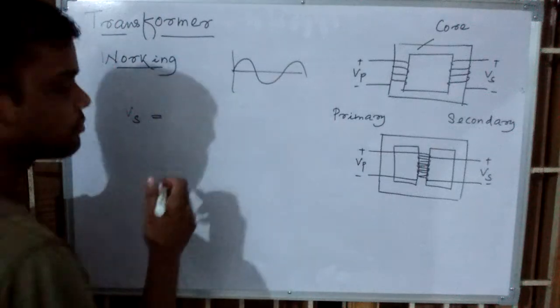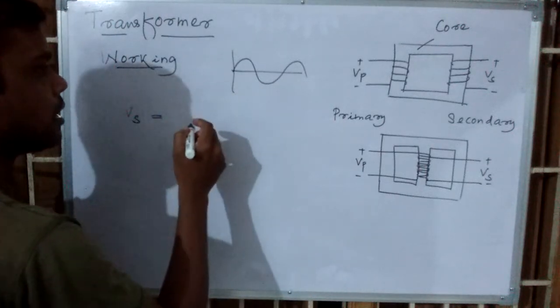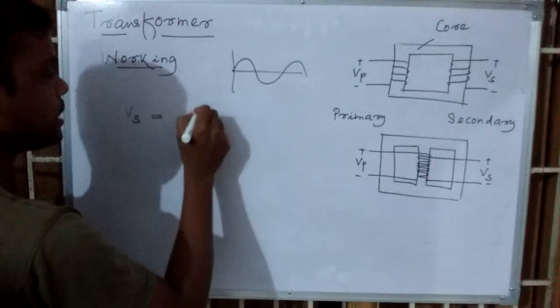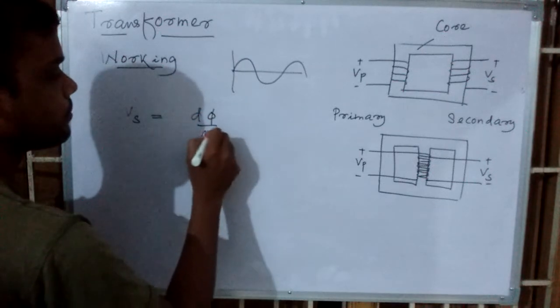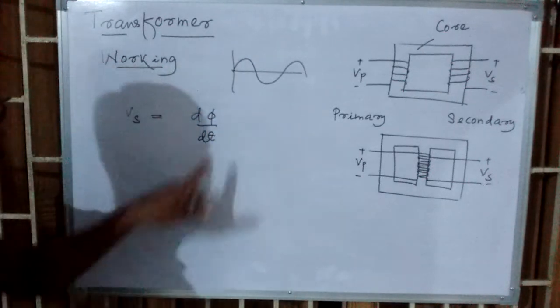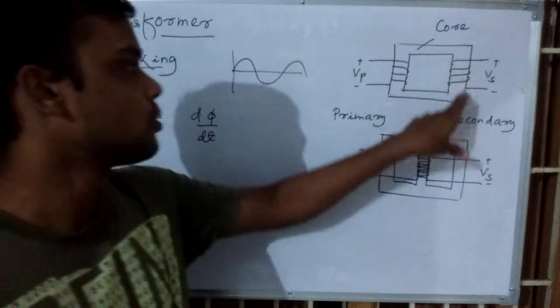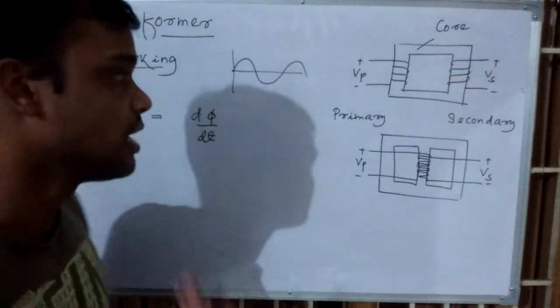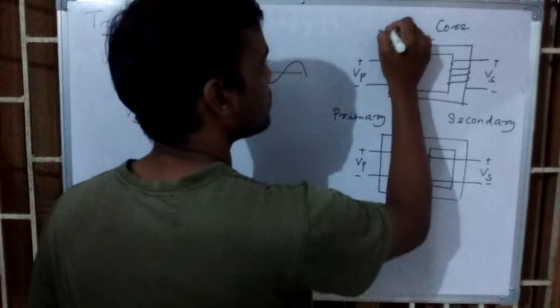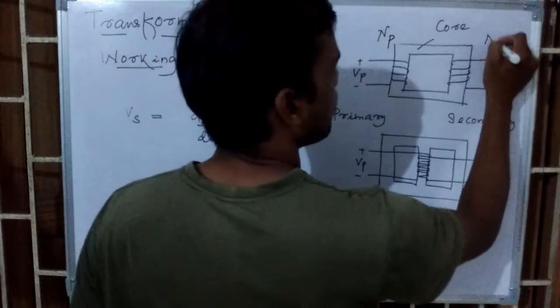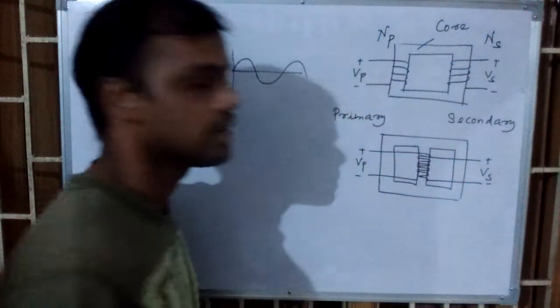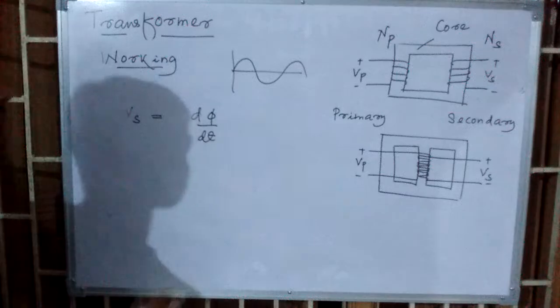But what will be its amount? Its amount will be d phi by dt. Now d phi is the flux linking to the secondary coil. But we don't know the number of turns here. Let us suppose the number of turns on this side is Np and the number of turns on the secondary side is Ns.